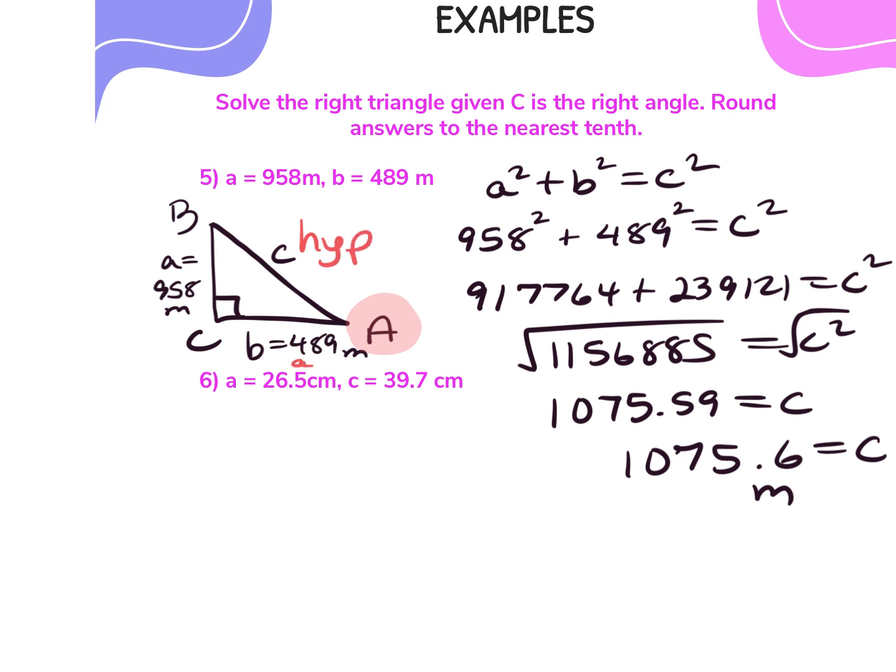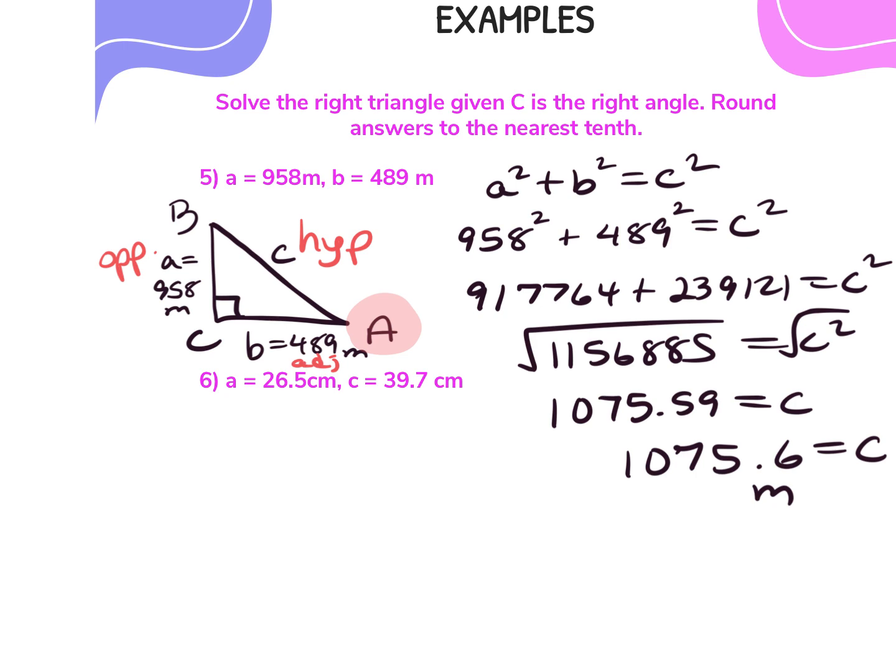Little b is adjacent to A, and little a is opposite to A. I need to figure out which trig ratio uses opposite and adjacent. I'm going to solve for A first. I'm just doing it alphabetically. If you want to do B first, then you would label the sides based off of B.